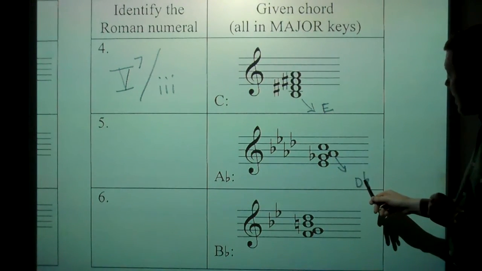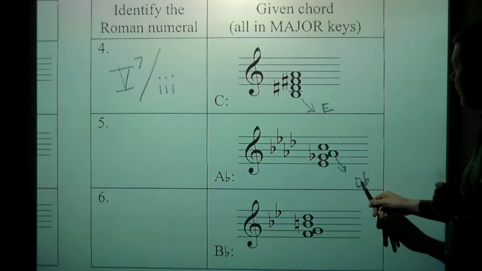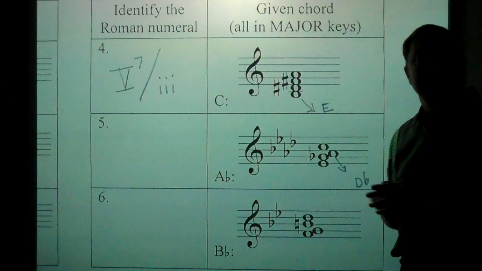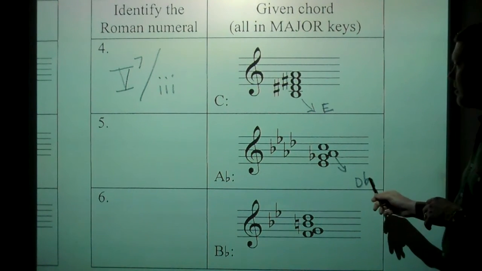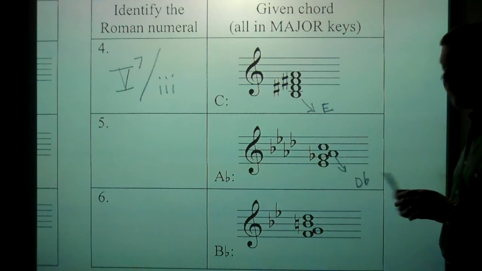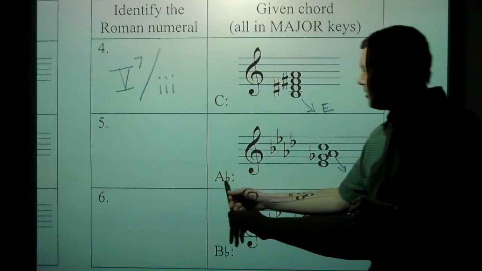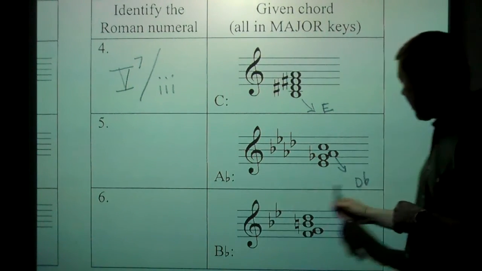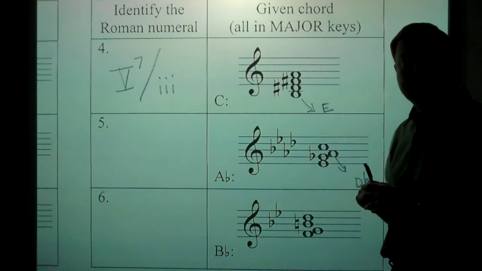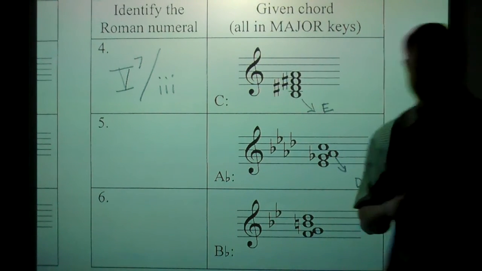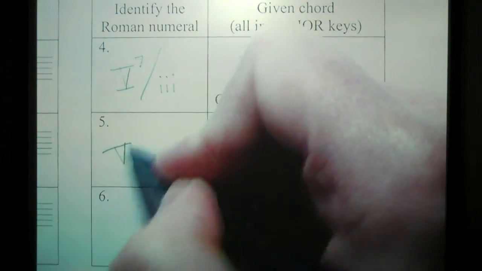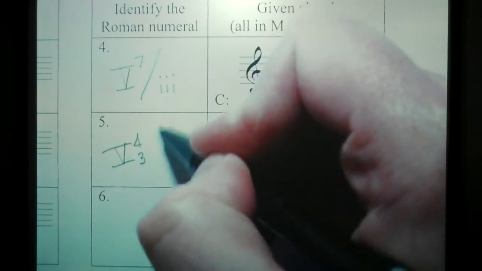So, does a major or a minor triad on D flat normally or diatonically occur in the key of A flat major? And you should say, oh, well, a D flat major chord normally occurs in this key, right? Because D flat is scale degree 4 in A flat, and I know 4 chords are major chords in major keys.